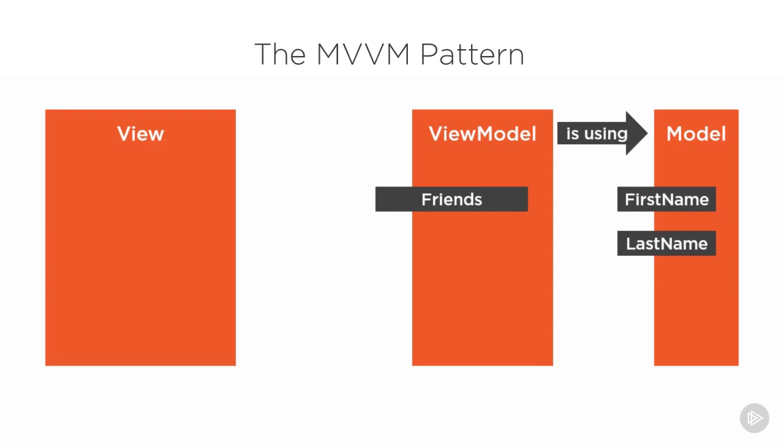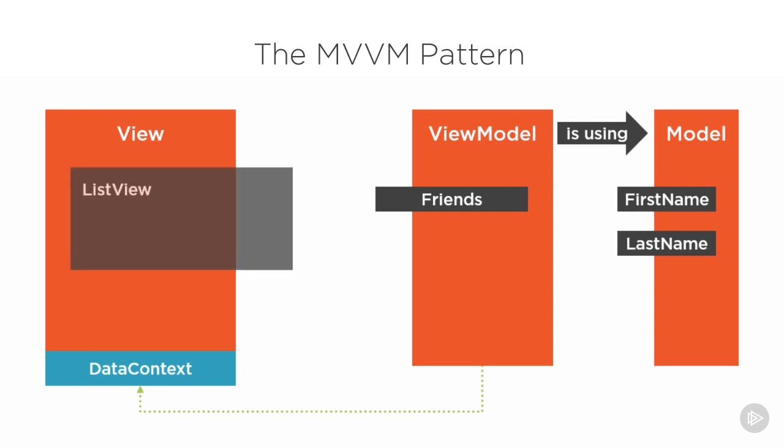But to be able to bind to the properties of the view model, we need to assign the view model to the DataContext property of the view. Then every element in the view can bind to the properties of the view model. We will create a ListView and we will bind its ItemsSource property to the Friends property of the view model. So all the friends will be displayed in that ListView.